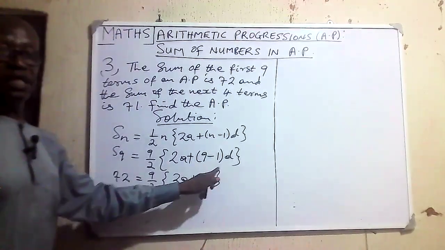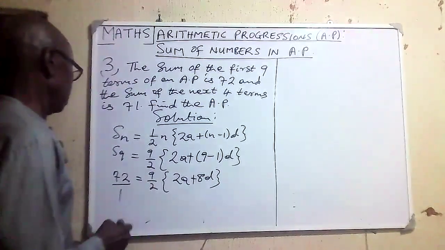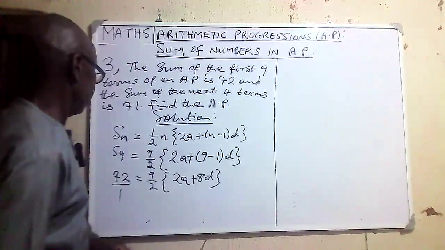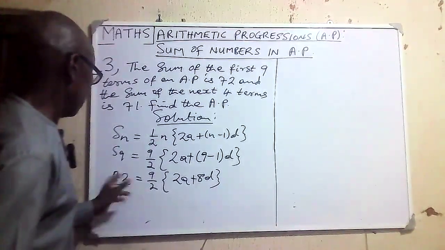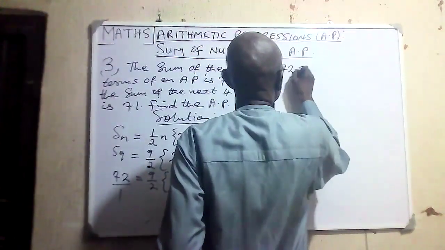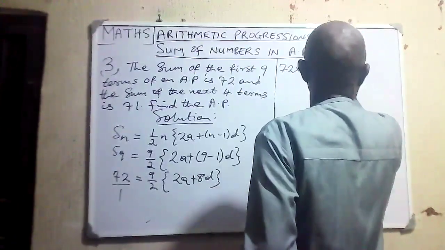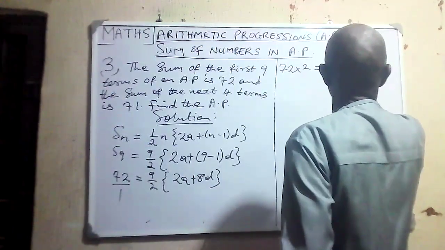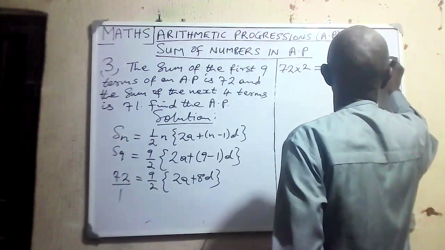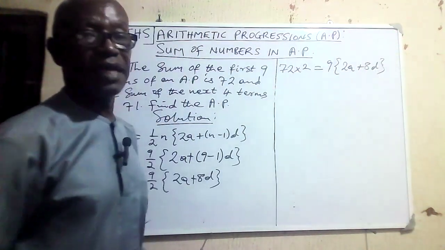That is subtracting and simplifying. And then remember, you can multiply through, and that will give us 72 times 2 is equal to 9 into 2a plus 8d. We can divide both sides by 9.